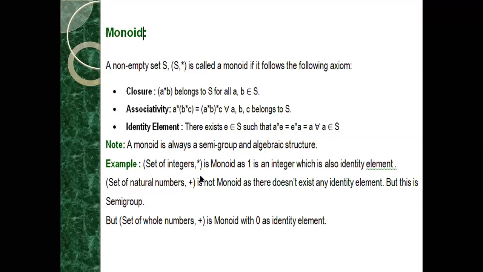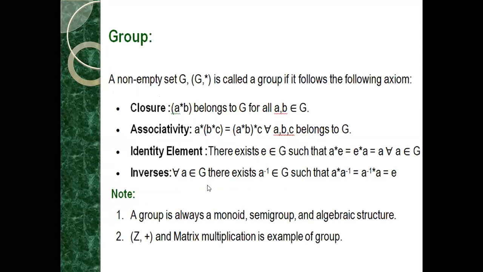Next definition, group, the main topic. So what is a group? A non-empty set G with star is called a group if it follows the following axioms. First axiom, closure. Closure means if any elements a, b belong to G, then a star b belongs to G. Then we say that the given set is closed under the closure axiom.